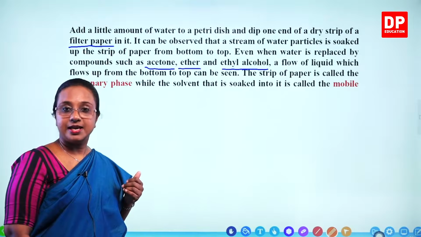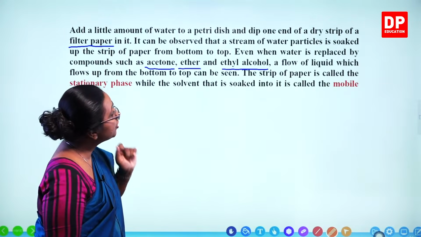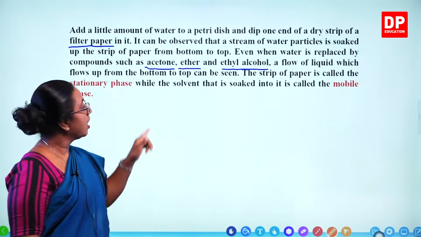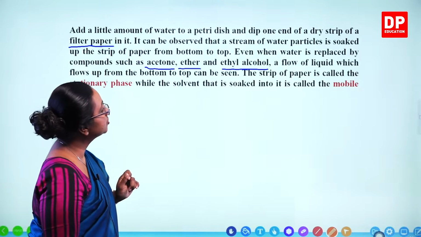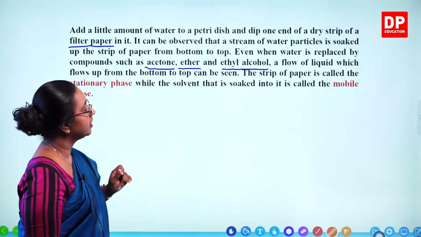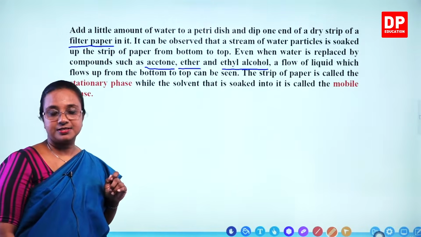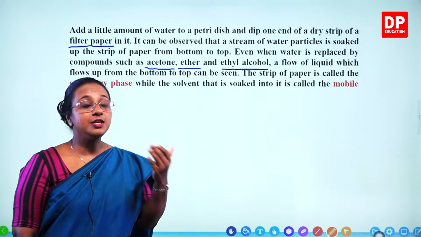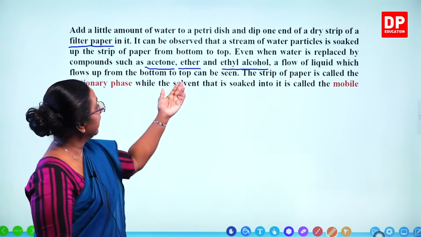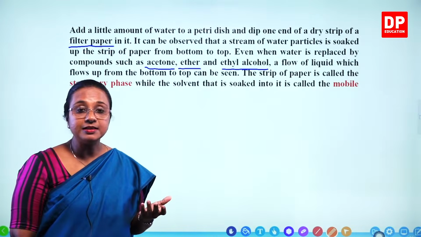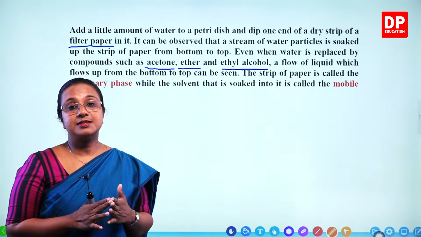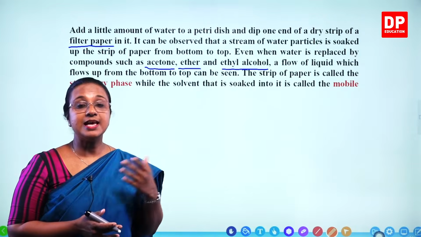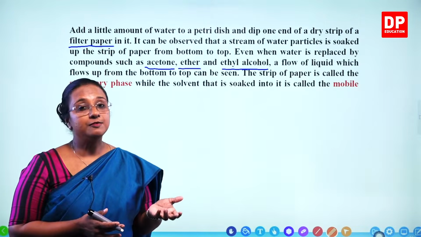That is what I explained before. The strip of paper is called the stationary phase, while the solvent that is soaked into it is called the mobile phase. So, in addition to water, we can use acetone, ethyl alcohol or ether, and in some instances, we can use a mixture of more than one solvent as the mobile phase.